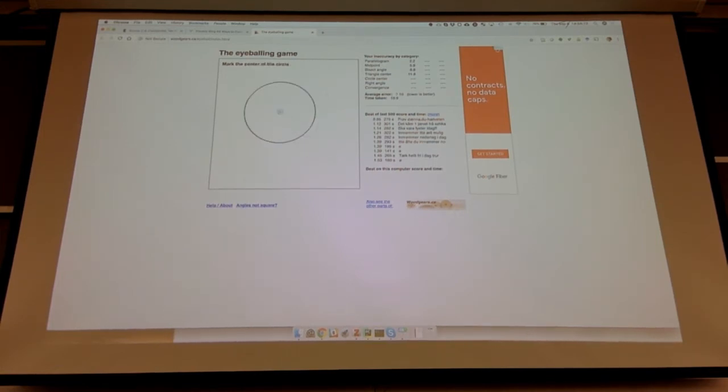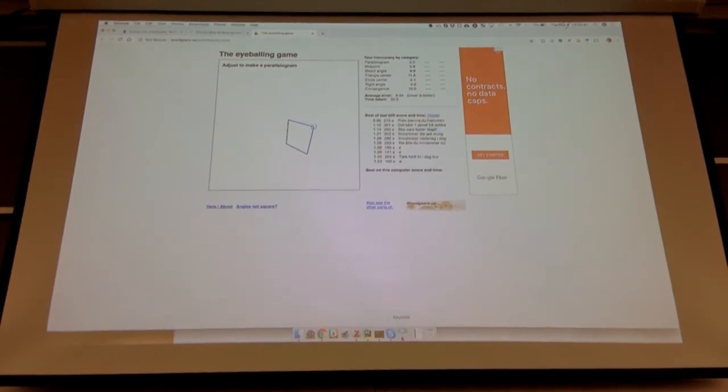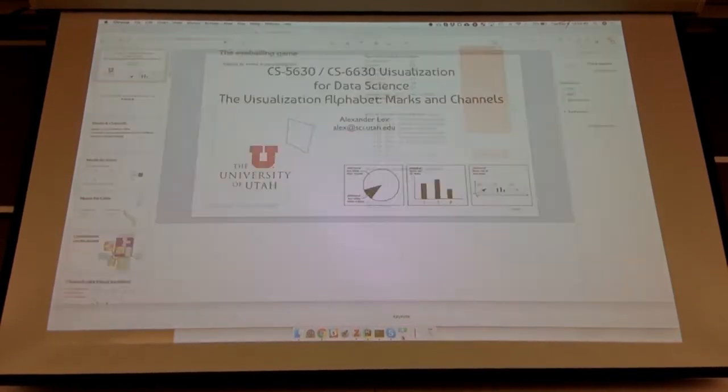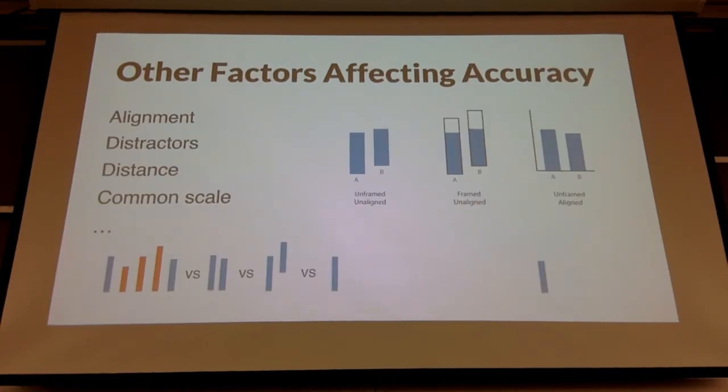Marking the center of a circle, that was good. Making a right angle. So what we can see here is that angle judgments tend to be a little bit difficult. Here you find the point of convergence, and so on. So you can play with this, but here this kind of leverages some of these properties, and you can test yourself how good you are at spotting those.